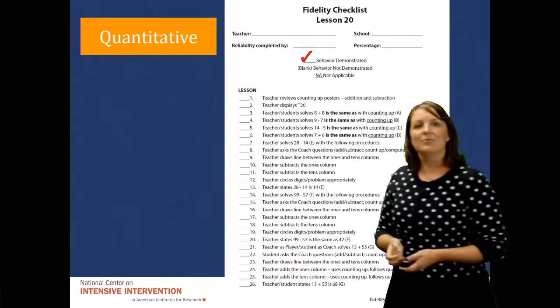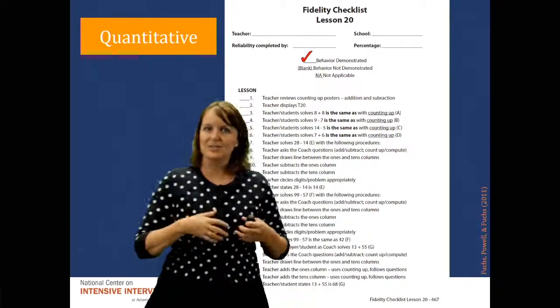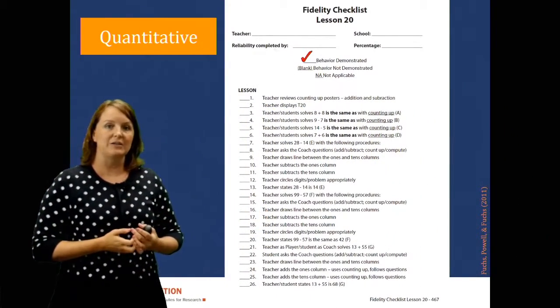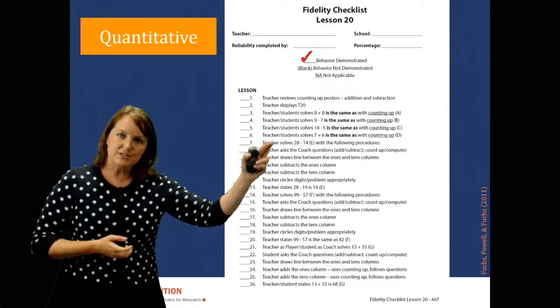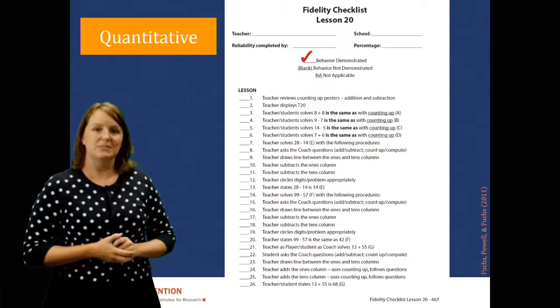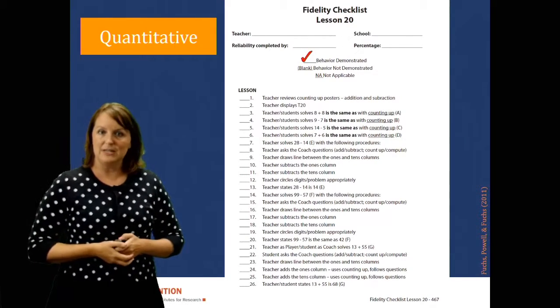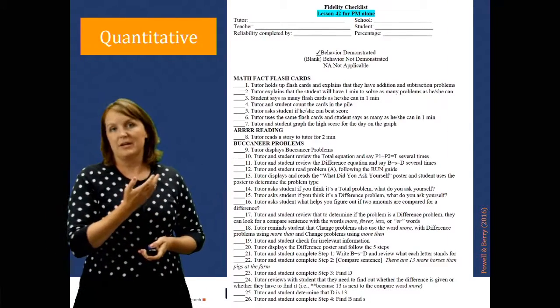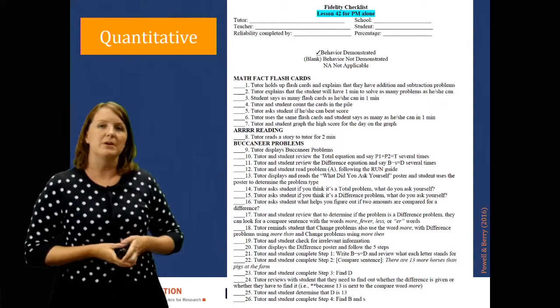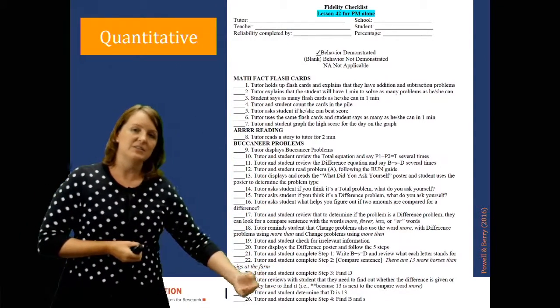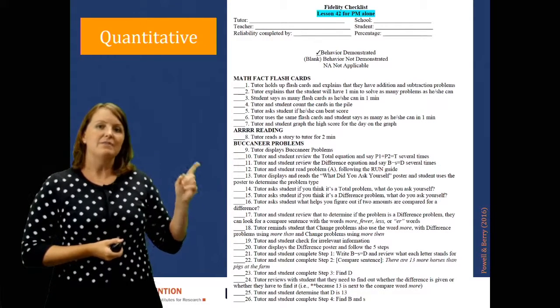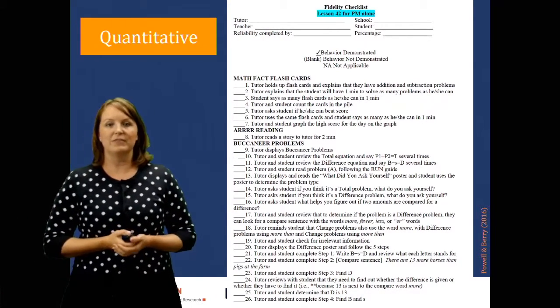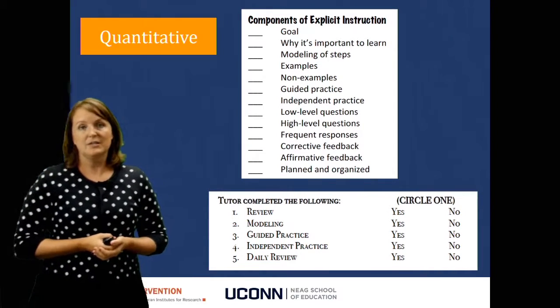Now, when we see these quantitative checklists or quantitative scores, often they come through a checklist. Here is an example from one intervention. These are the essential components that we would expect a teacher to do during the lesson. Here's another example. This comes from a word problem intervention, and here are the different essential components that we would expect teachers to do if they were doing the program with fidelity. We can also look at checklists like here.